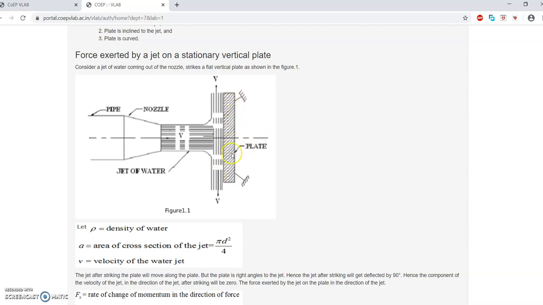Let's try to understand the position of the plate. As this plate is vertical, the fluid will try to follow the surface of this plate, so it tries to move in the vertical direction. Next, if you look at the velocity direction here, you will realize that the initial velocity of the fluid is along the x-axis, and along the y-axis you can see the exit velocity.